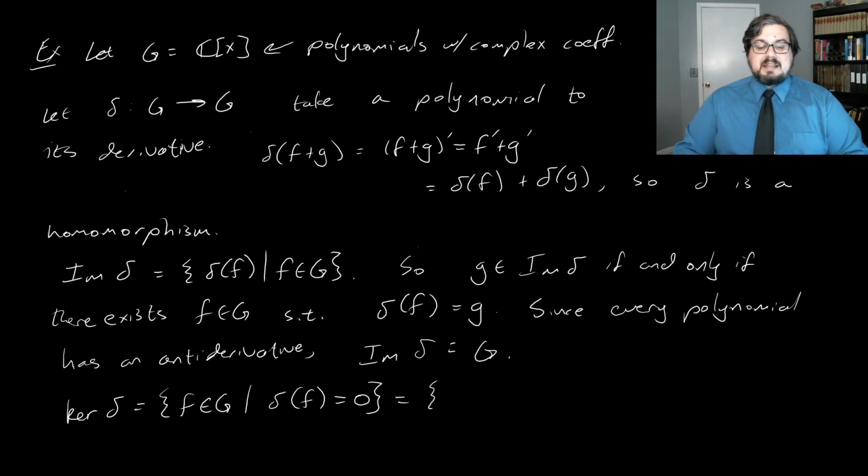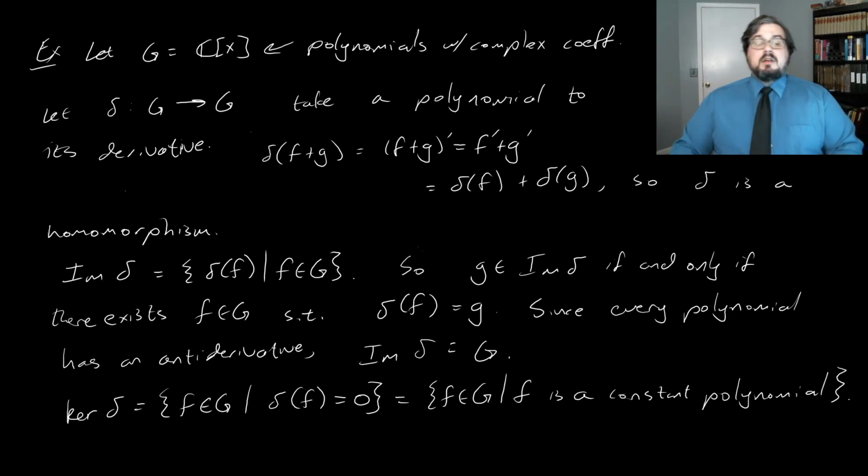So this is the set of all f in G such that f is a constant function, or a constant polynomial, I really should say. So this is a good example of a function that has a non-trivial kernel. This one actually does send more things to 0 than just the identity itself.